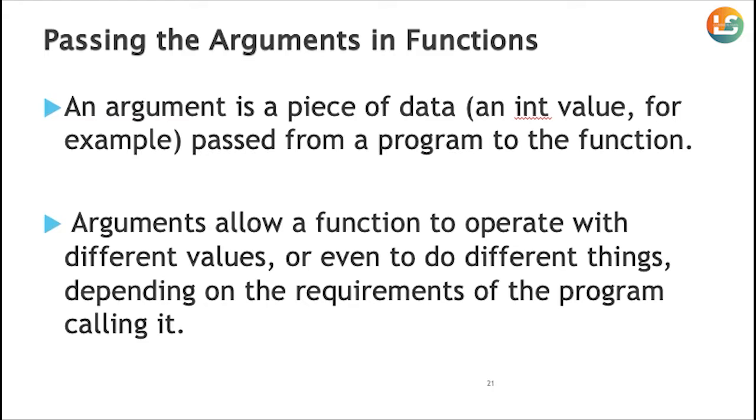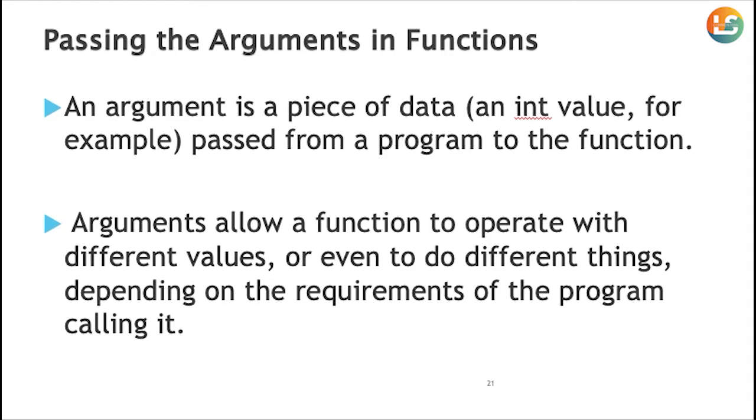Or we can make it more interesting by adding the character. For example, we don't want to print the stars, we may want to print the equal sign, or the hash sign, or any other character which we want to print as a line. So how can we tell a function what we want to do?